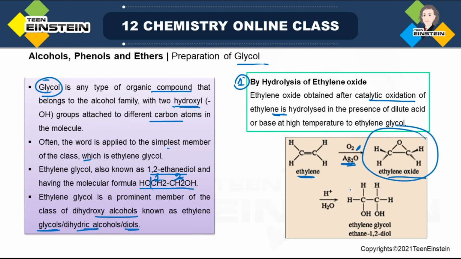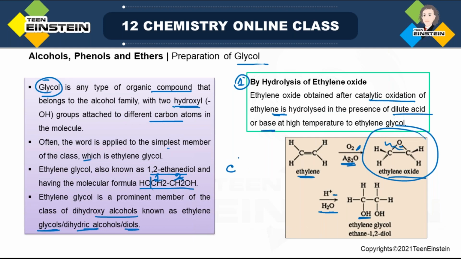So this is our actual starting material. What we are doing is adding dilute acid. That means water is there, H plus is also there. You can also use base. So finally, what we are getting is ethylene glycol. As it is a symmetric molecule, you can consider the cleavage of any of these carbon-oxygen bonds, and one oxygen is already there, another oxygen will come from water.